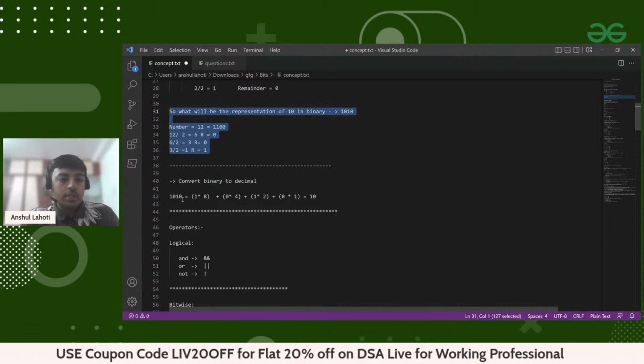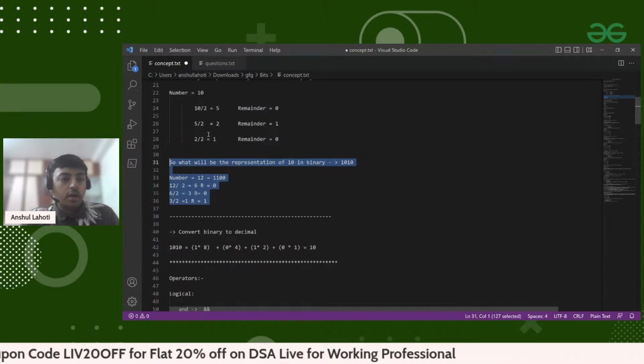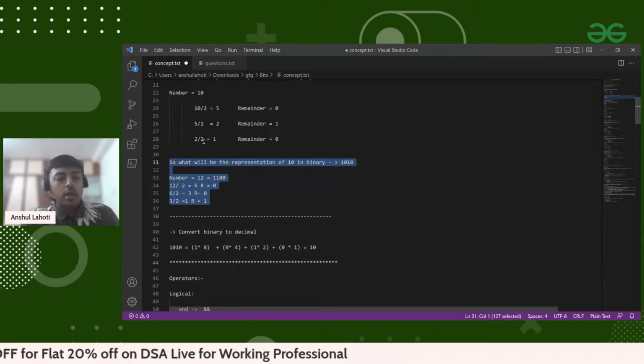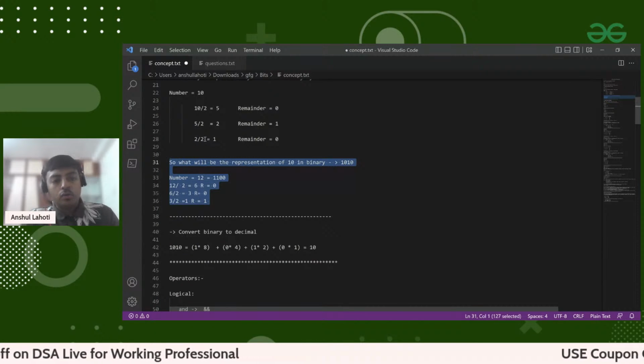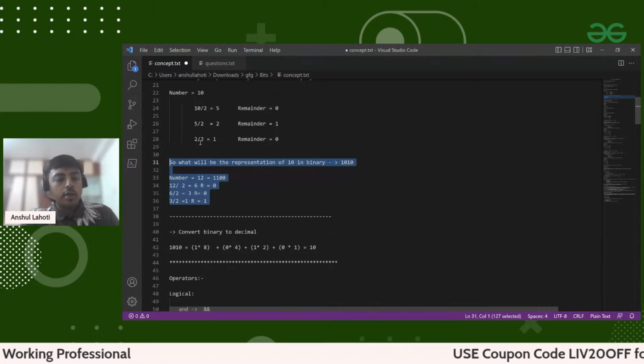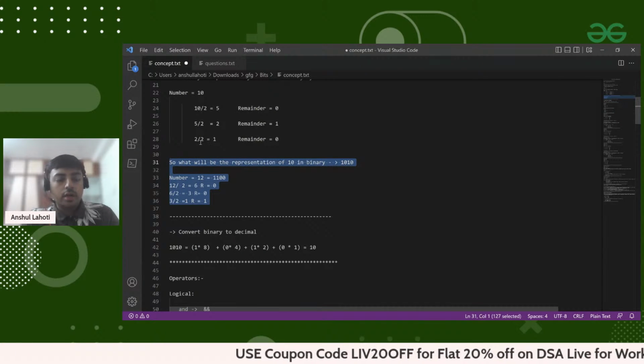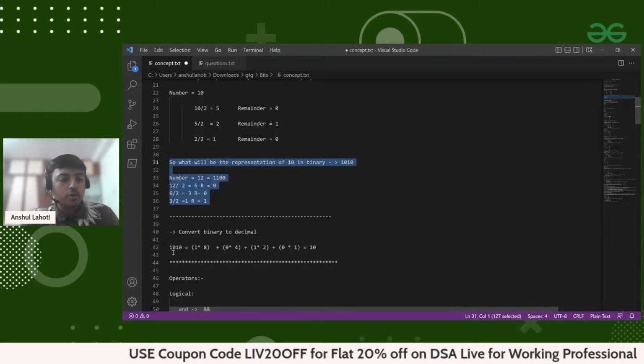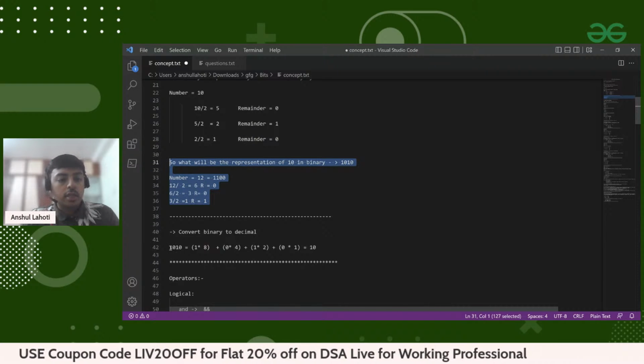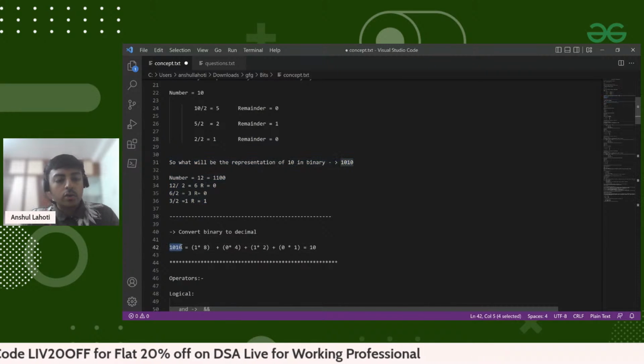Just as we divided by two here, and divided again by two, and again by two, it's increasing the power only. So if we see 1010, how are we calculating?